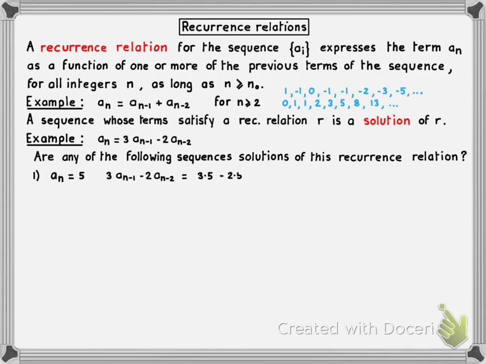So we get 3 times 5 minus 2 times 5, that is 15 minus 10, which is equal to 5. And 5 is indeed equal to a sub n for an arbitrary n. So we just proved that this sequence here is a solution of this recurrence relation.